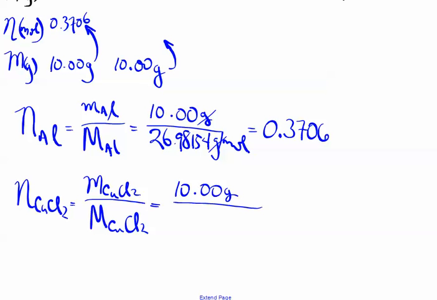So we're going to go 134.4514 grams per mole. Cancel, cancel. That gives 0.0744. Okay, so that goes up here.